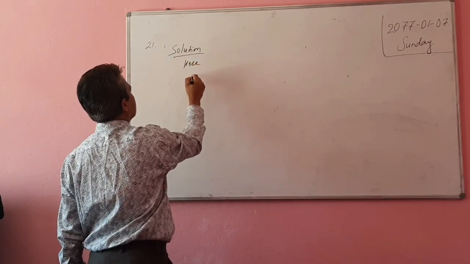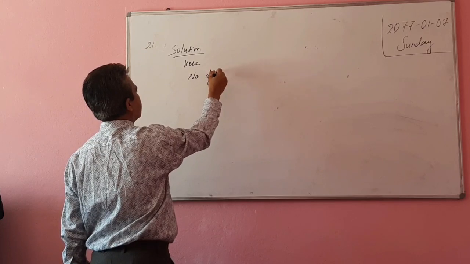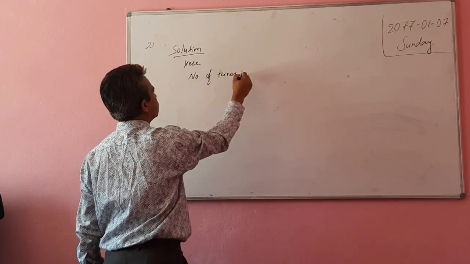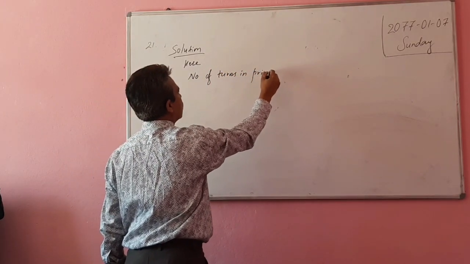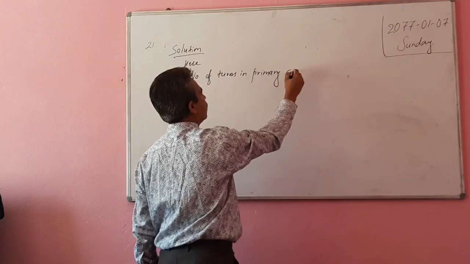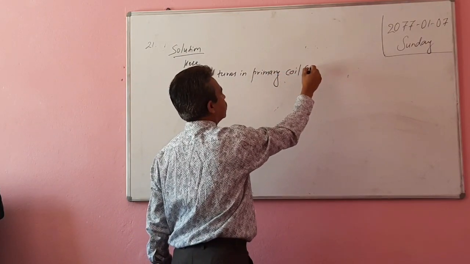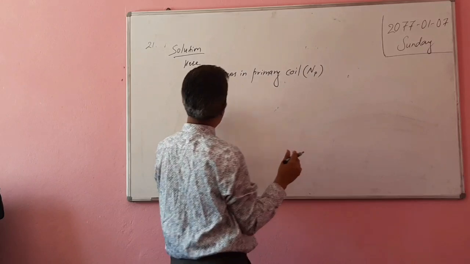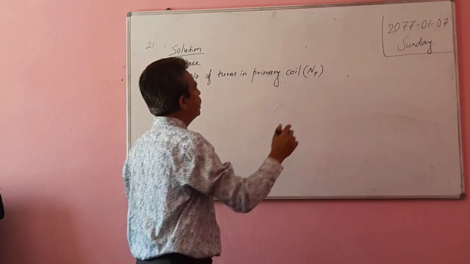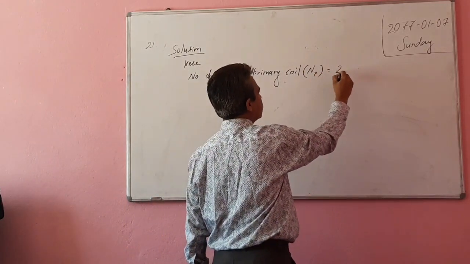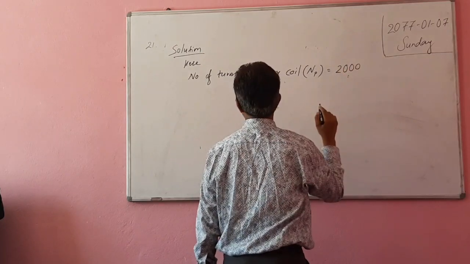Here, number of turns in primary coil, you can write Np. Number of turns in primary coil, Np equals 2000.